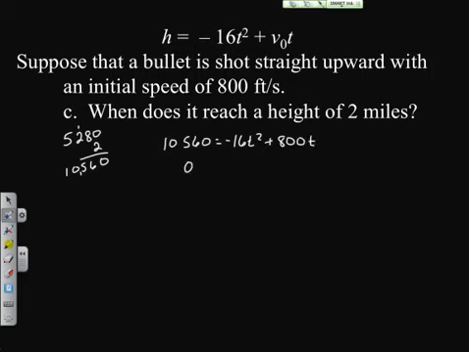We move it over. We divide everything by negative 16. Oops, I forgot my t there.